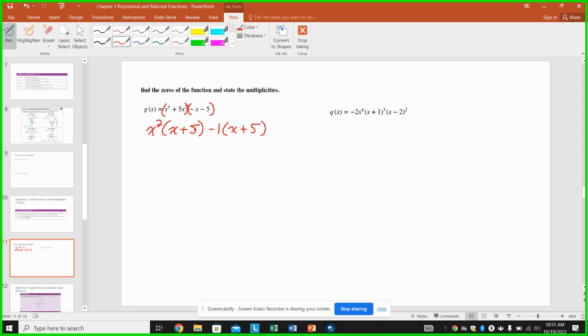Once the binomials are the same, I'm able to factor out that binomial as one singular binomial. And then I can write the factors that I took out, which is x squared minus 1.